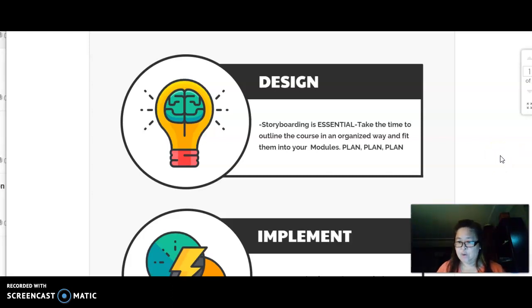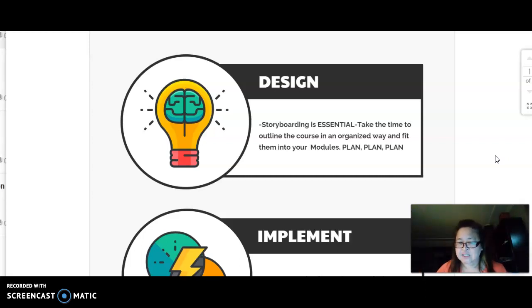When you design your course, you have to make sure that your goals, your activities, and your assessments are all aligned. And how you do that is storyboarding, which is so essential.